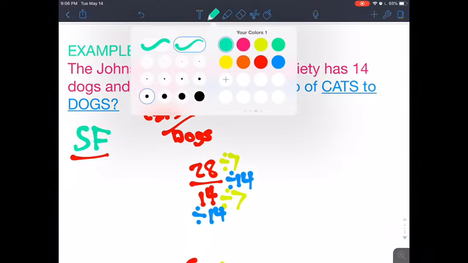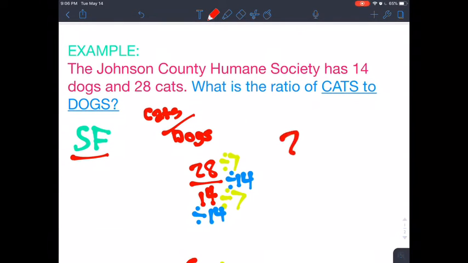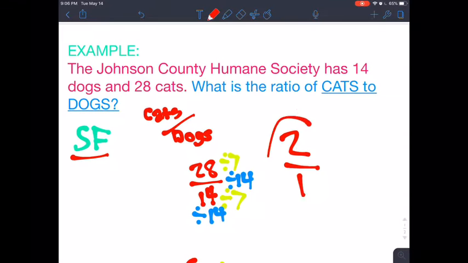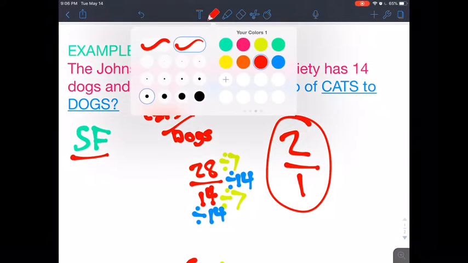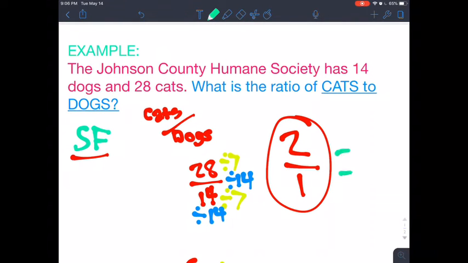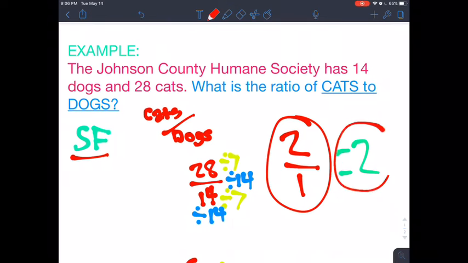Now you may be wondering why it isn't 2, because normally 2 over 1 would equal 2. But in this case, it's not correct. Because it is a ratio, it would always be 2 over 1. And 2 over 1 would never equal 2.